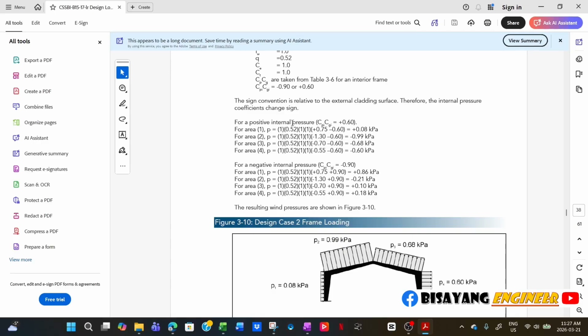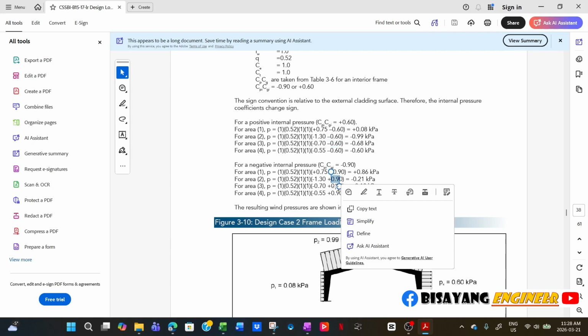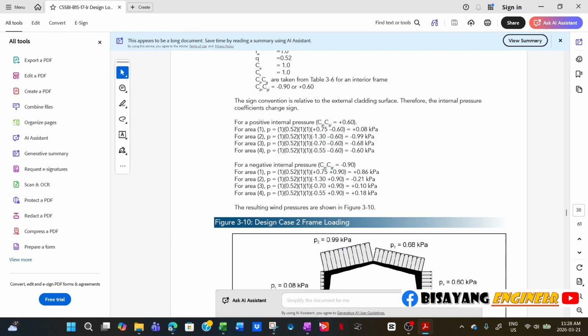Design positive internal pressure. Yeah, looks like you apply either positive only or negative only. Right here, this one is adding all negative pressure, and this one is adding all positive.